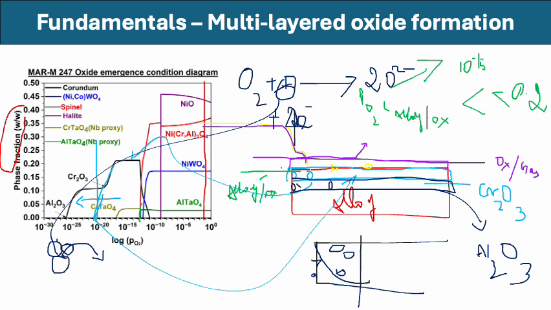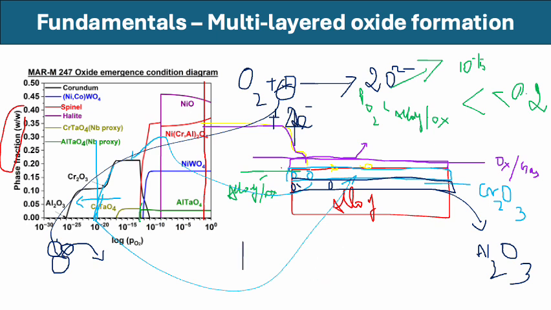So once this oxygen adsorbs, it also has a chance not to just stay on the surface; it can penetrate the surface and go into the alloy. So if that happens, let's say in this alloy 10 power minus 26 is the minimum oxygen partial pressure that is needed.